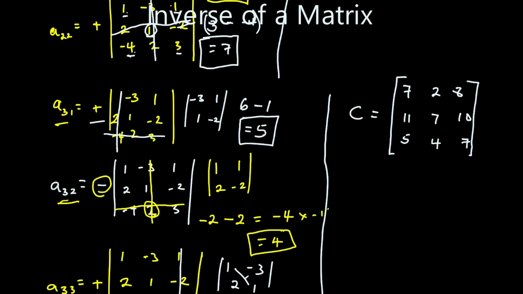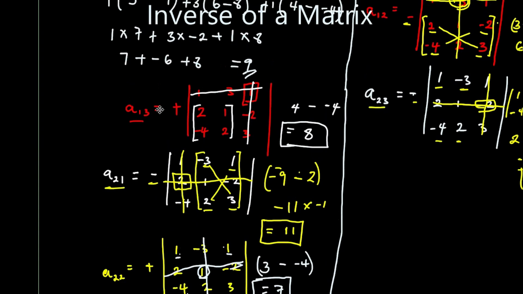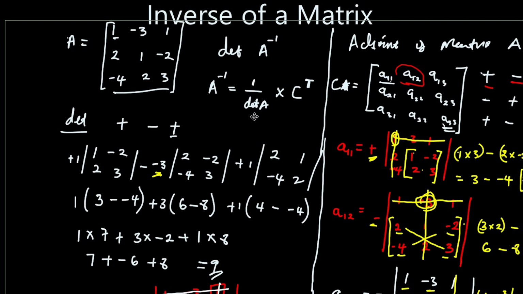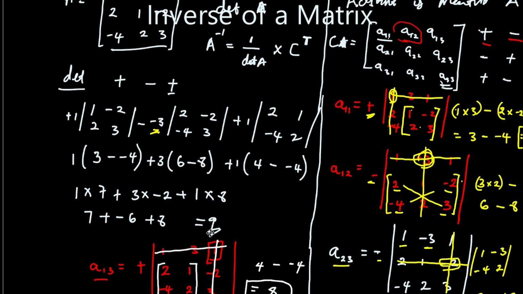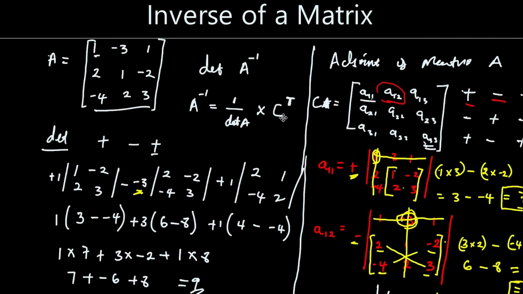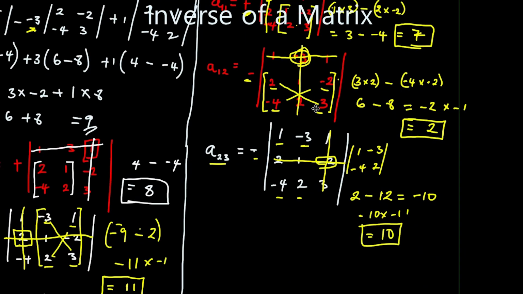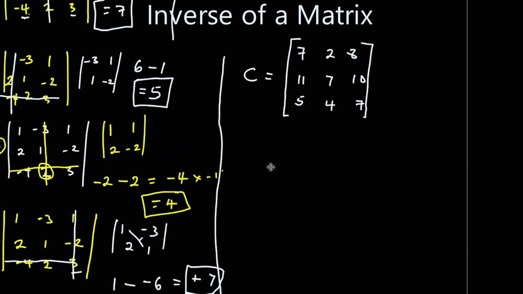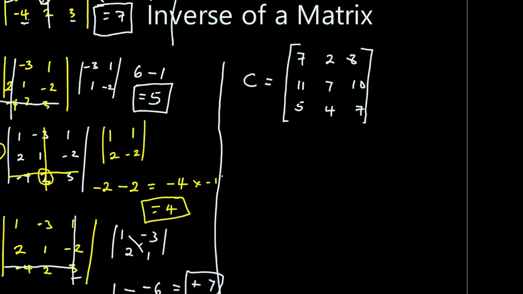Remember, in our formula, we had said for us to get the inverse, we need to get 1 all over determinant. Already we have the determinant as 9 and CT. And because we already have our C now, we need to get the transpose of this matrix C, which is the adjoint of A, so that it becomes the CT.